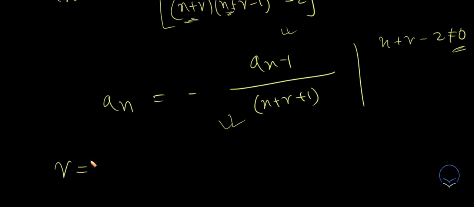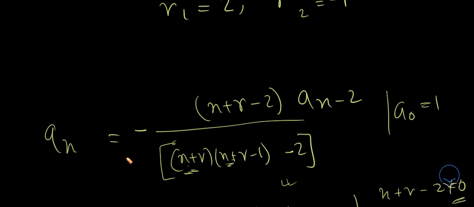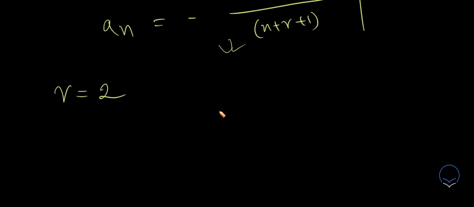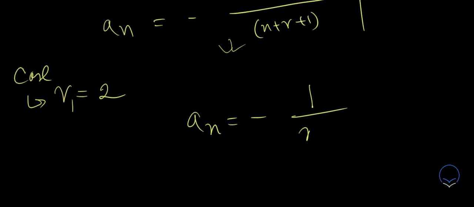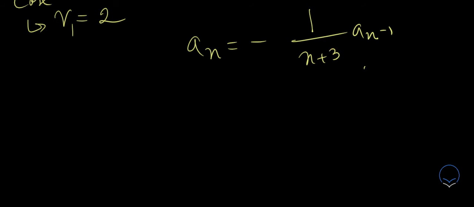Now let's consider the case where r is equal to 2. That means r1. So we're considering the case r1 equals 2, and this will yield a of n is equal to minus 1 by n plus 3 times a of n minus 1, right? Where n is equal to 1, 2, 3 and so on. Because we already took the case when n is equal to 0, that means a0 is equal to 1. So the n equals 0 case is already considered, so it will be n equals 1, 2, 3 and all that.